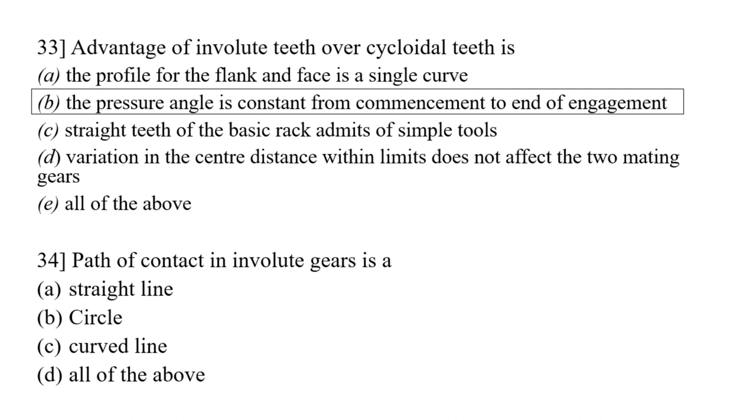Next, 34: the path of contact in an involute gear is a straight line. Always remember, for involute or cycloidal, the path from start of engagement to end of engagement, that means the path of contact, is always a straight line.